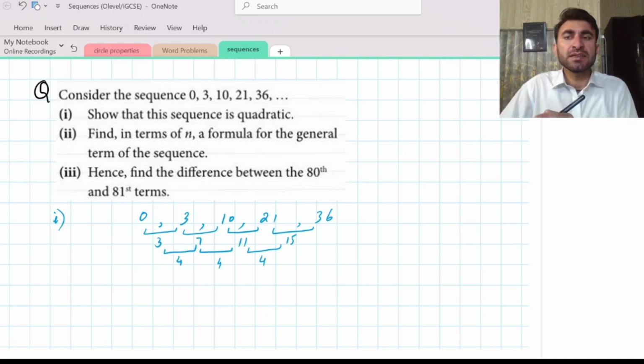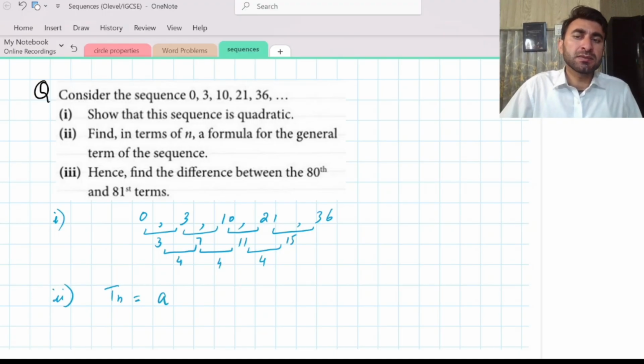Now in the second part, it says find, in terms of n, the formula for the general term of the sequence. We know the formula for the general term of a quadratic sequence is a plus d1 times n minus 1 plus d2 divided by 2 times n minus 1 into n minus 2.